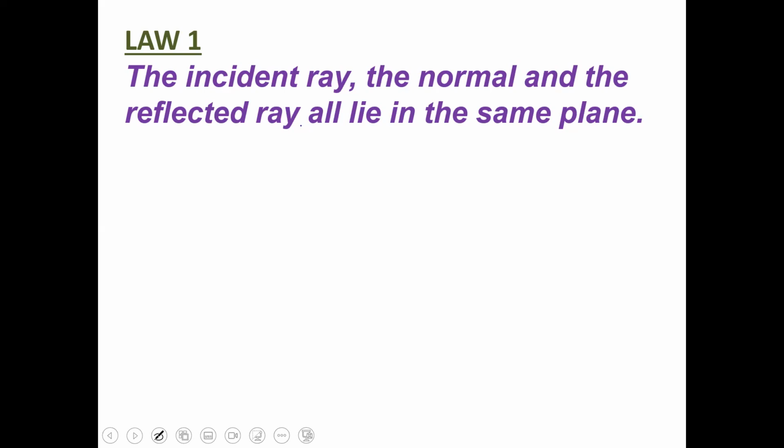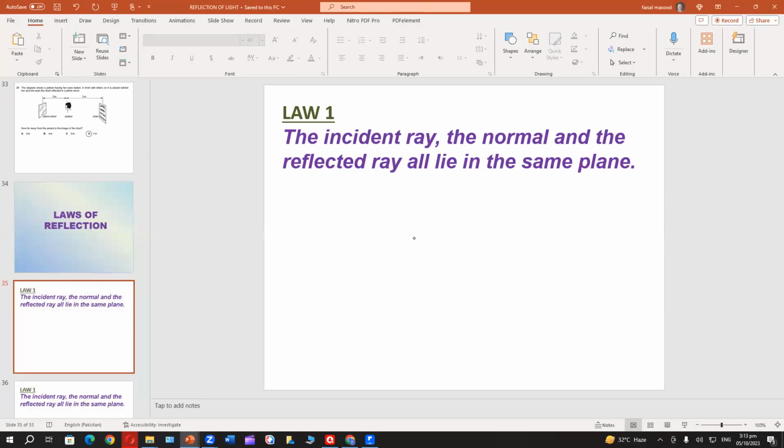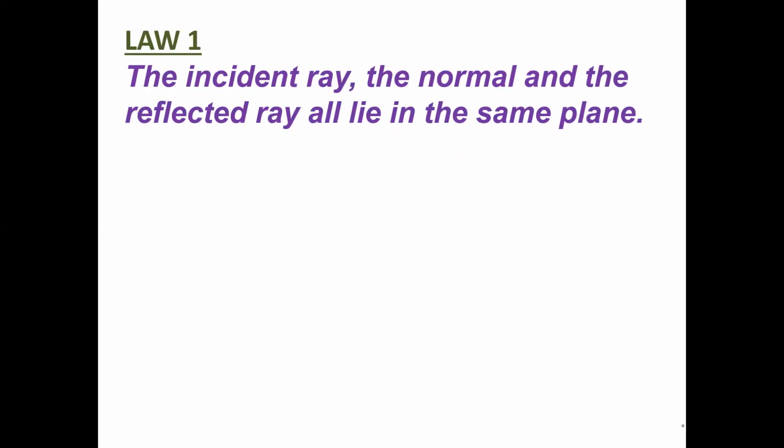The light which is coming on the screen is called the incident ray. The light which is coming back from the screen is the reflected ray, and the perpendicular drawn is called the normal. Normal means perpendicular. So you have to copy this statement.